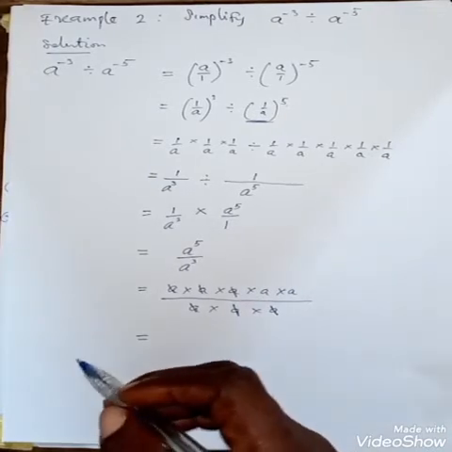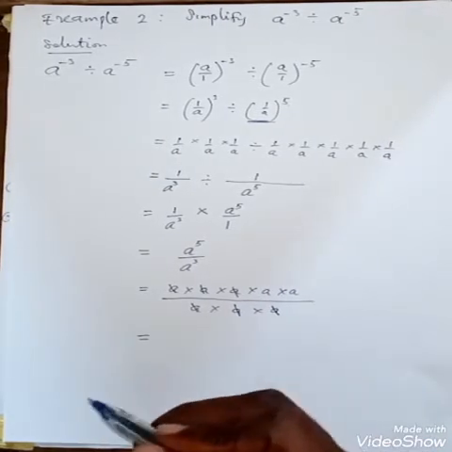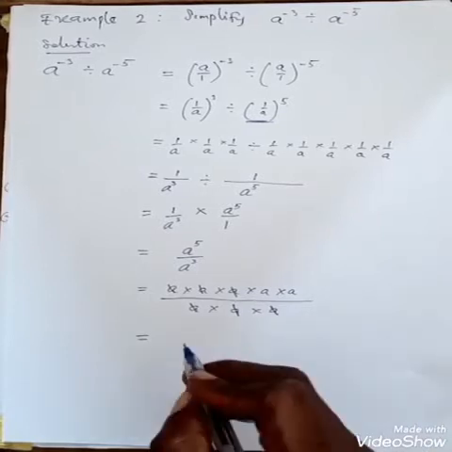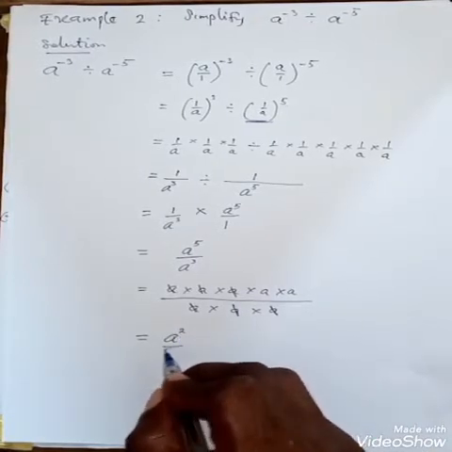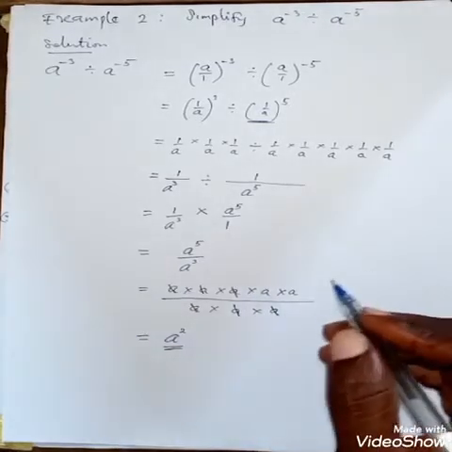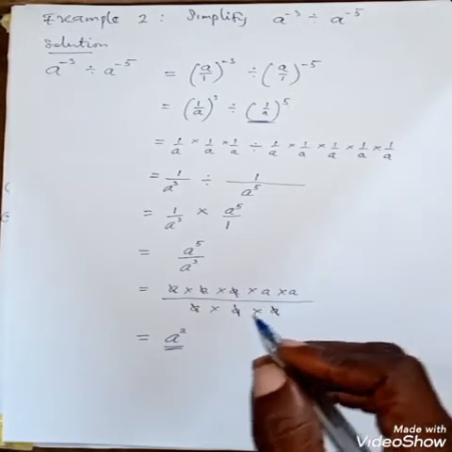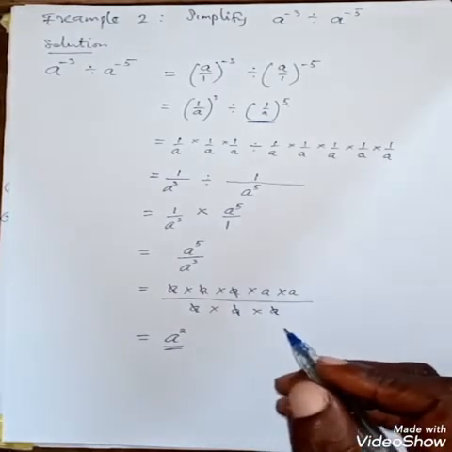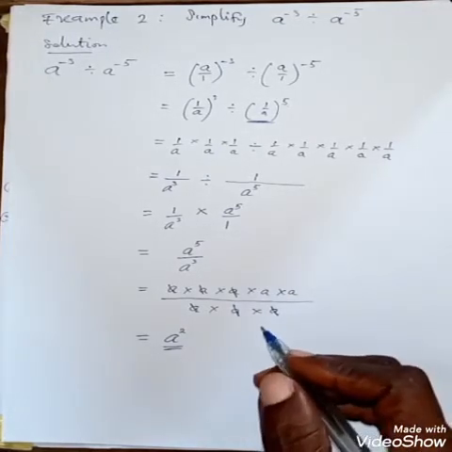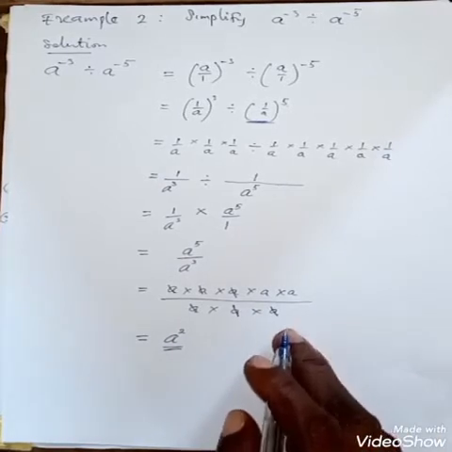And remember, the word repetition here describes the power. So our answer here is now going to be a raised to power 2, or what we can simply call a squared.